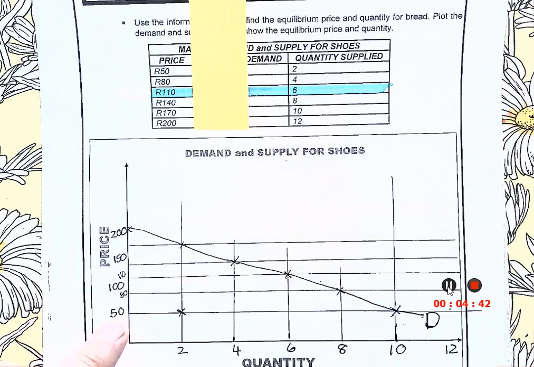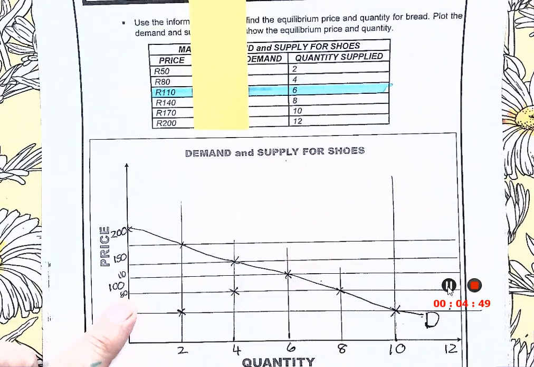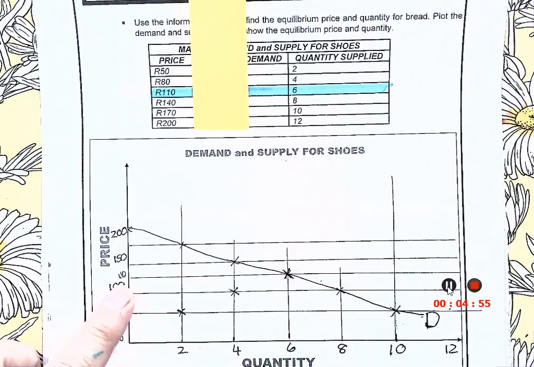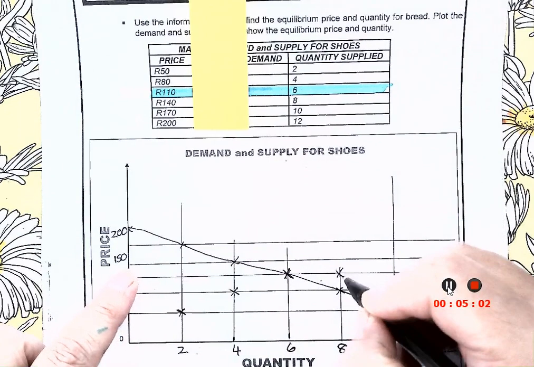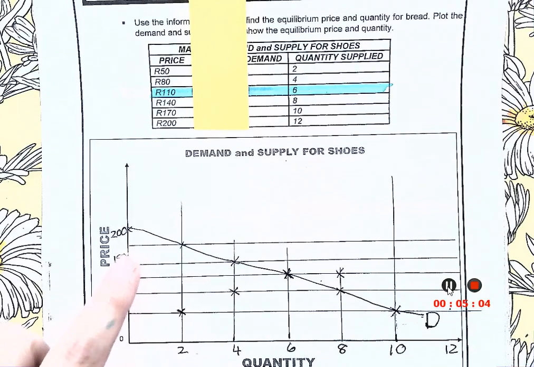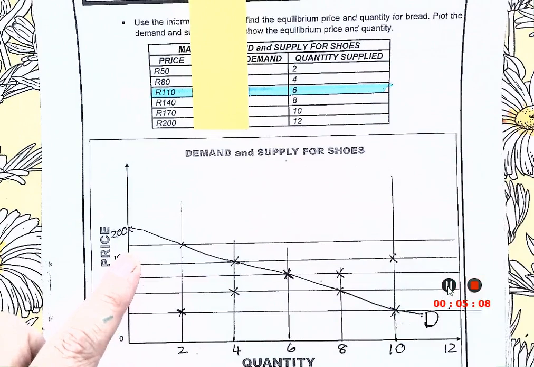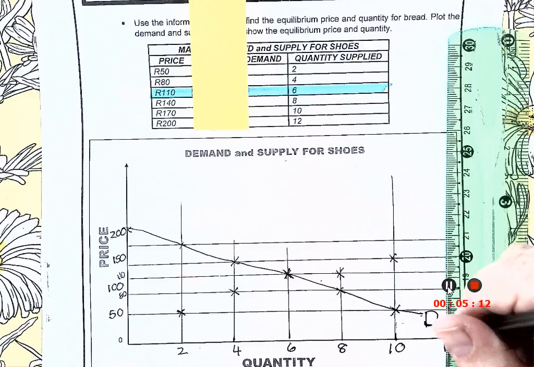At 80, my quantity is going to be 4. 110, 6. 140, 8. 170, 10. 200, 12.